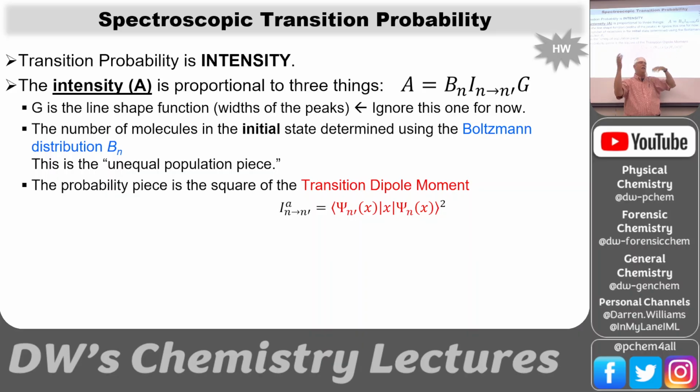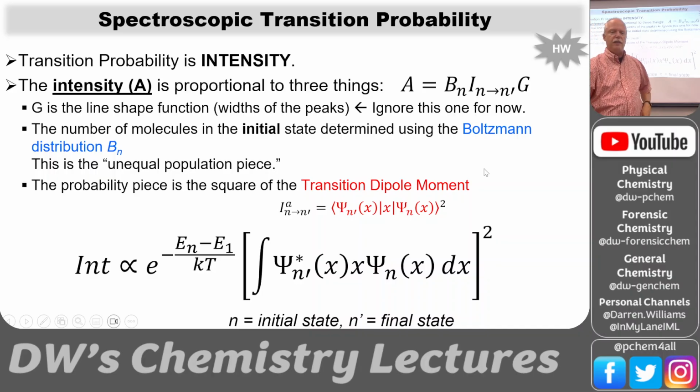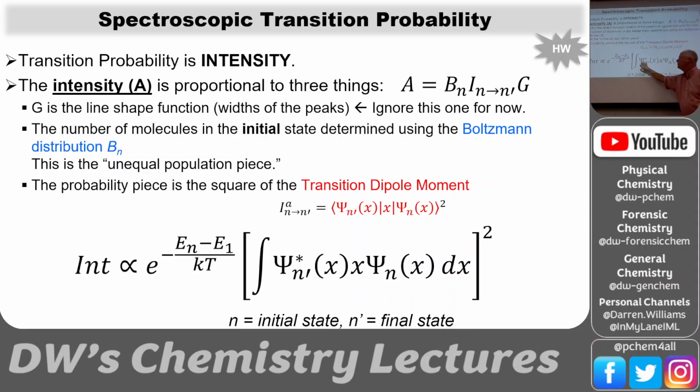And then if it's non-zero, but it could be negative, it could be positive, we're going to square that, and we're going to get all positive values, and we'll end up with an intensity that is related to this integral. Now, why the x-axis? We'll see that in a second. But we have this piece. So we're going to say the intensity is proportional to the Boltzmann piece times the integral of these wave functions with initial and final states here.